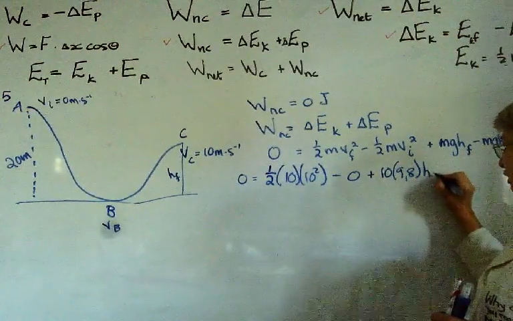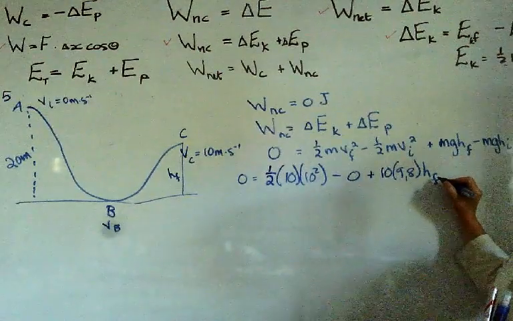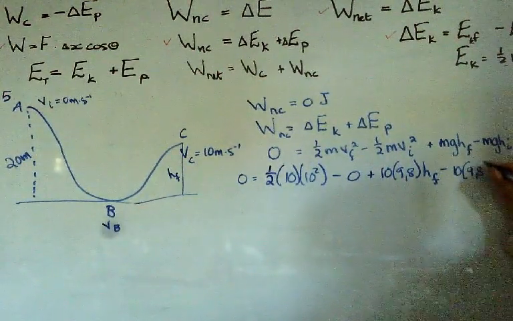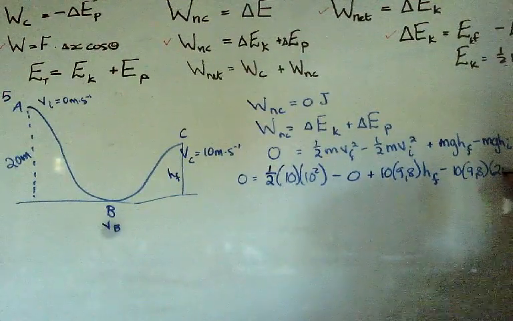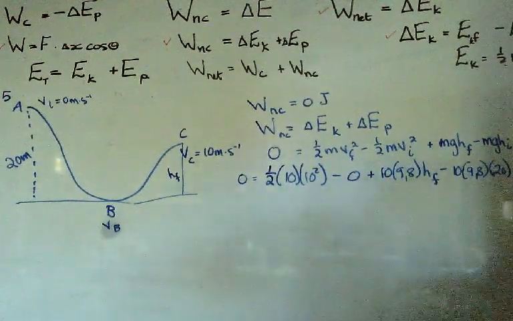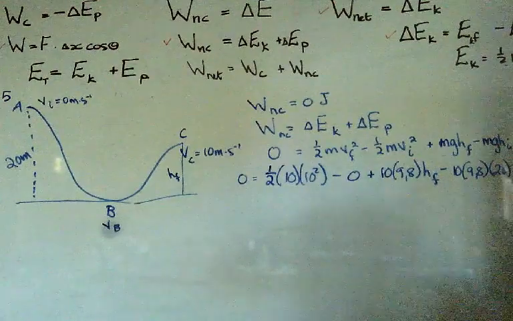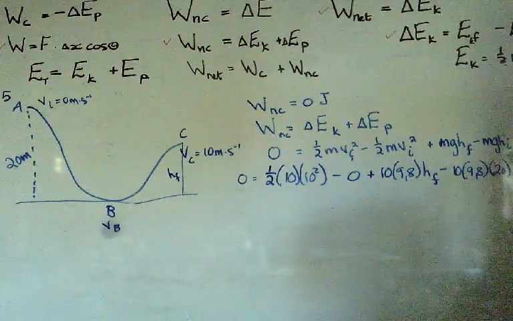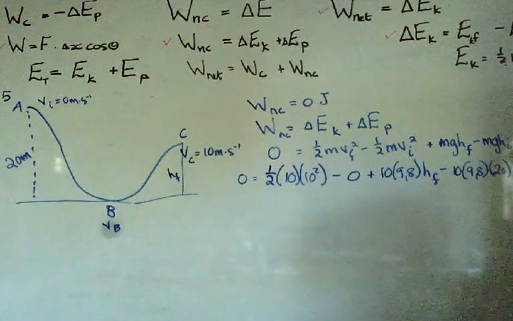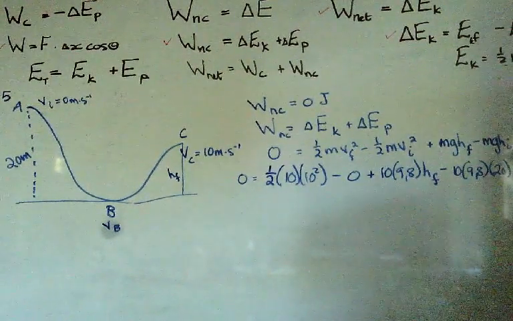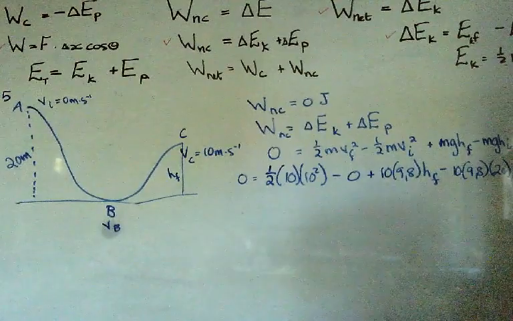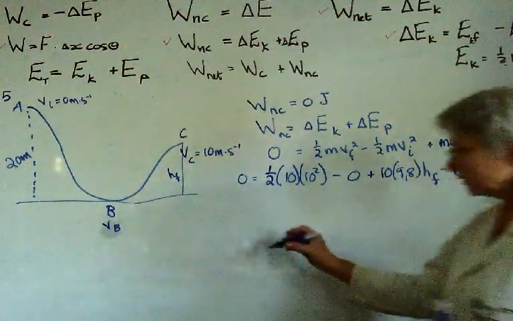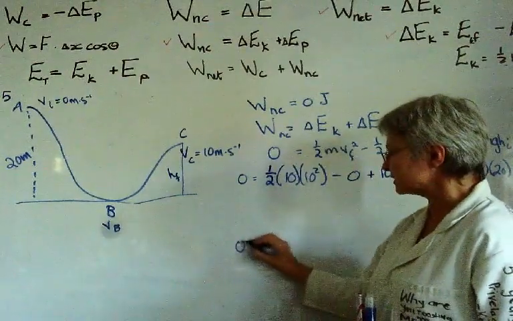Ma'am, if I take the B and C part, can I take the B as my initial velocity for C? Yes. So your equation would look like this. Naught is a half times 10 times 10 squared minus a half times 10 times, what was that velocity?